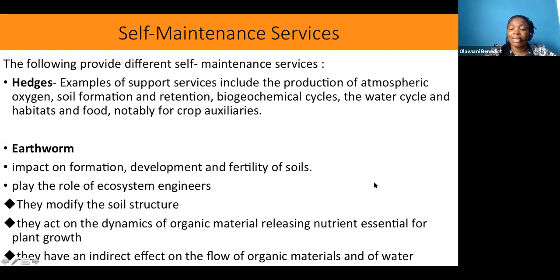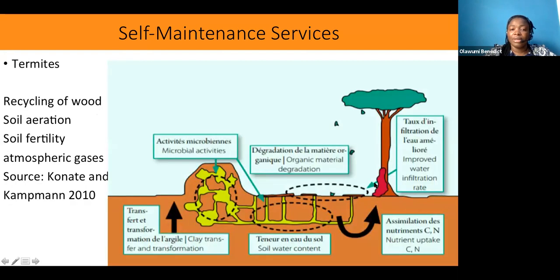Then we look at another very good element, even though it has its own disadvantages, which is termites. Termites help in the recycling of wood when we have trees that are falling down and we don't need to cut them, because the termites will come. Those are food for termites.